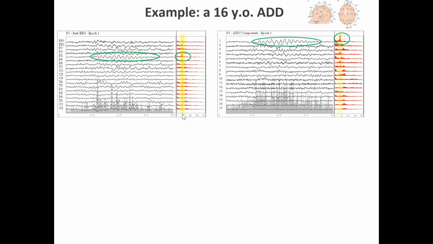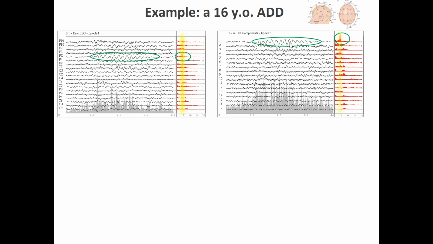Traditional neurofeedback would do that by placing one electrode at FZ, maybe in bipolar settings, one at FZ and the other at CZ, then filtering in a band pass around 7 hertz, for example, and suppressing this activity. But now, if you use blind source separation, what you see on the right are the 17 source components estimated from the original data. The first component corresponds to those theta oscillations.